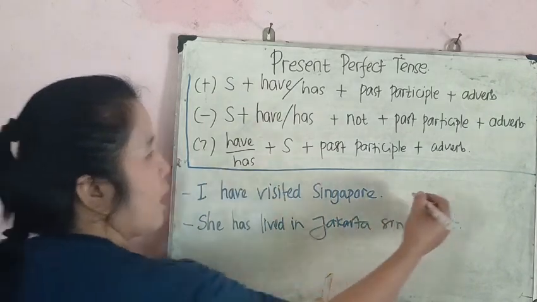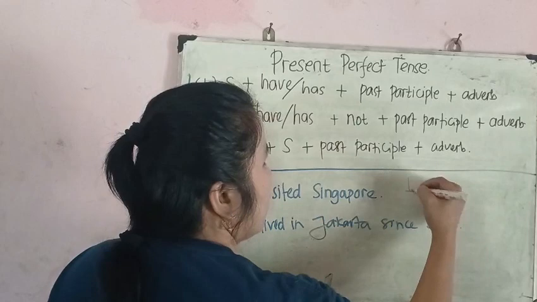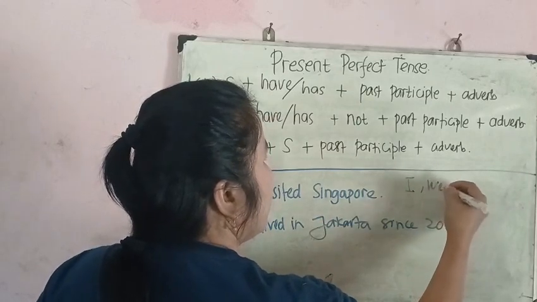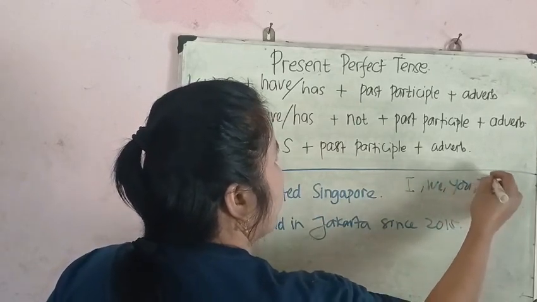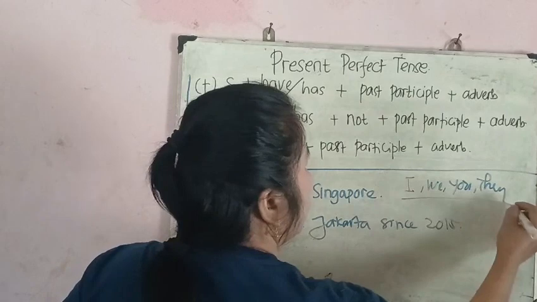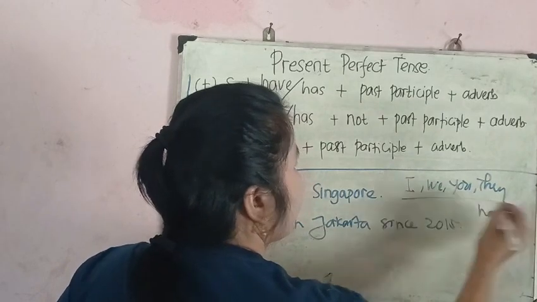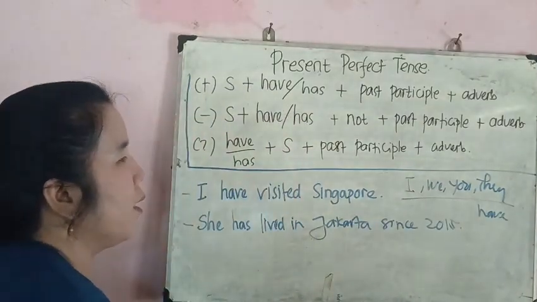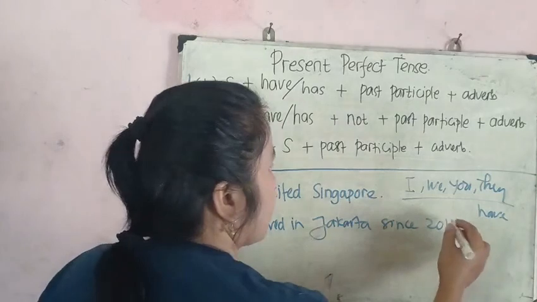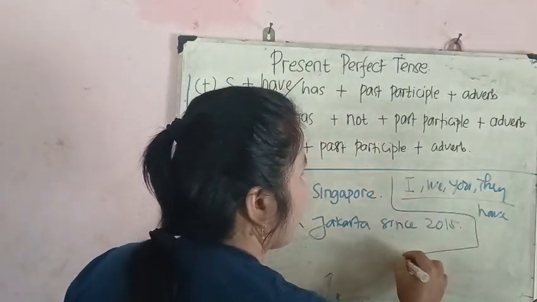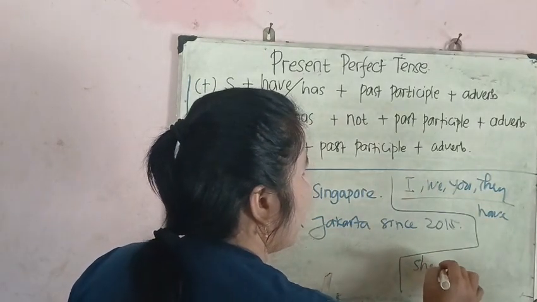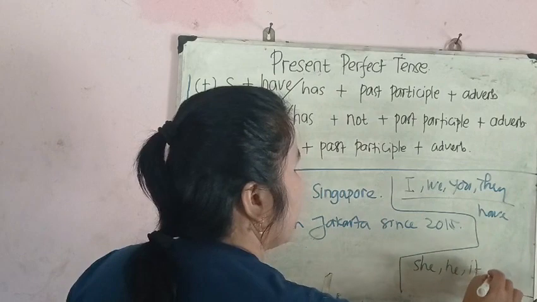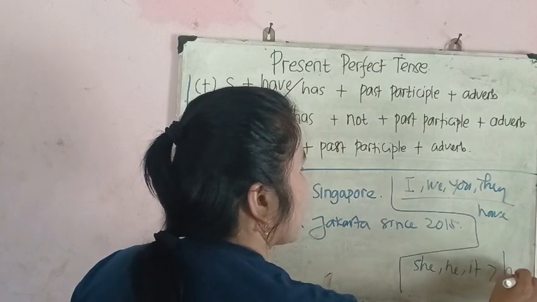Look at the subjects in English: I, we, you, they, we use have. And for she, he, it, we use has.